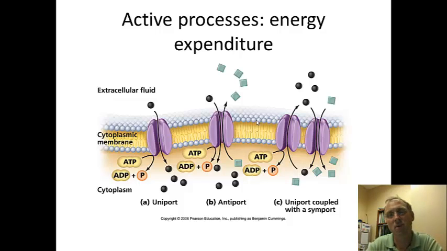Other processes that occur at the membrane are not passive. Active processes, active transport, require energy. Cells may expend energy to get molecules in when they are present in low concentration outside and in higher concentration inside.